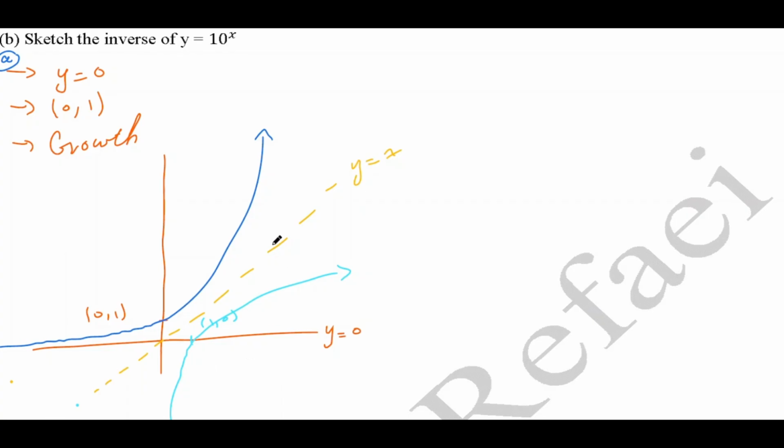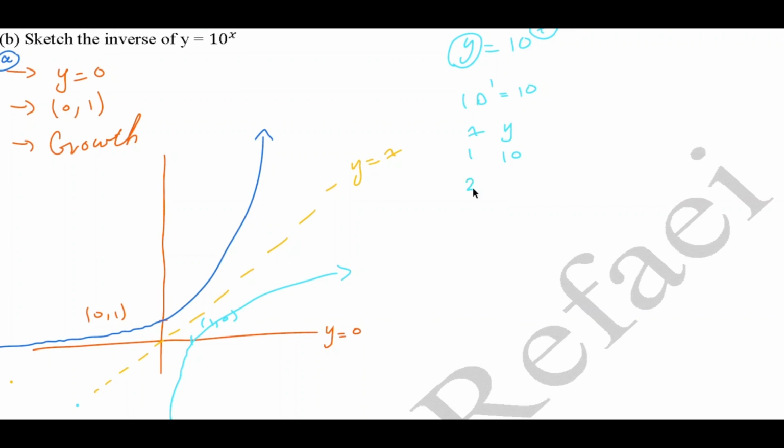Now I have the sketch of the inverse function. What is the inverse function for y equals 10 to the power x? If I look carefully, the input is the exponent x, and the output is the value y. 10 to the power 1 equals 10, so when x equals 1, y equals 10.